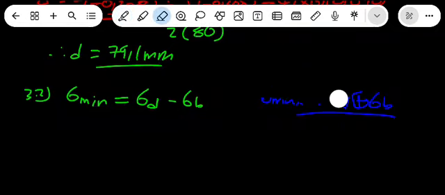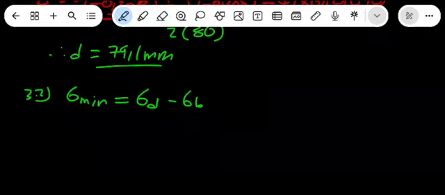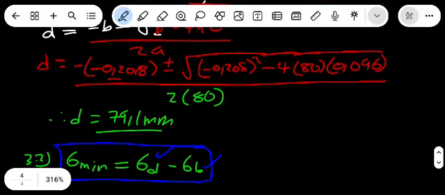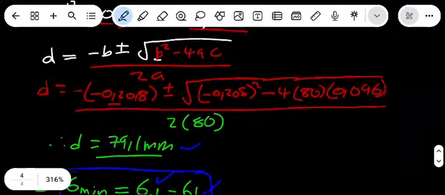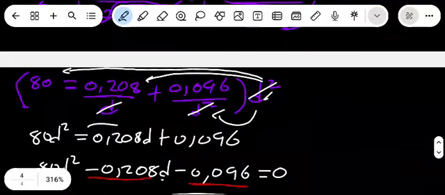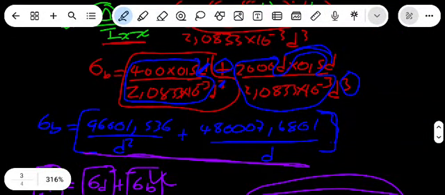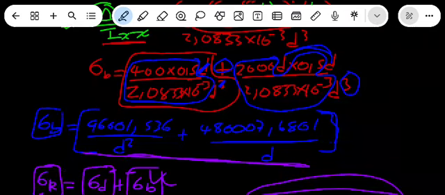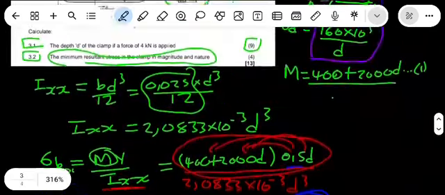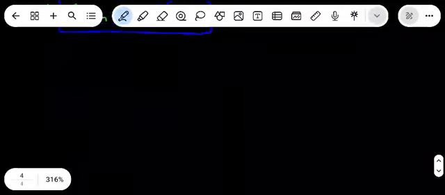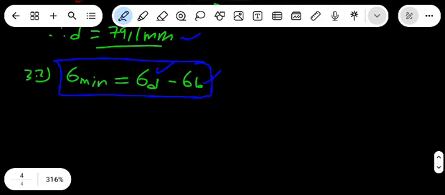But there they wanted us to determine the minimum, so this is what we'll use. Now we know the depth, which is good, because we can find the bending stress and the direct stress. This is the bending stress formula, and the direct is this one. Let's calculate.